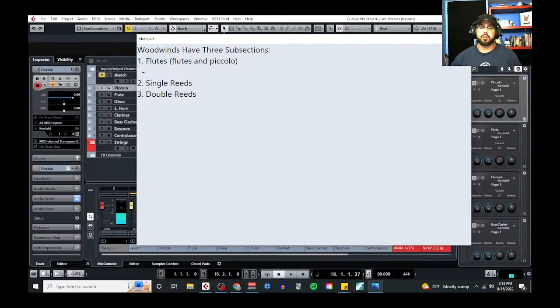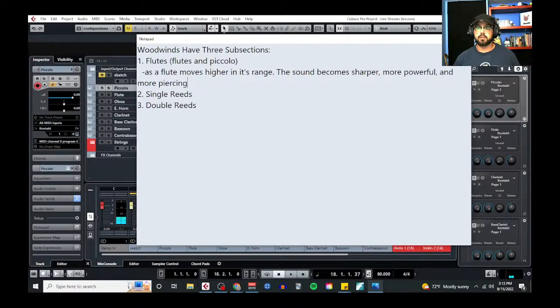What categorizes a flute's sound, other than the way it's built, is that as a flute moves higher in its range, the sound becomes sharper, more powerful, and more piercing. As it moves lower, it becomes weaker and less powerful, which I guess is kind of redundant.